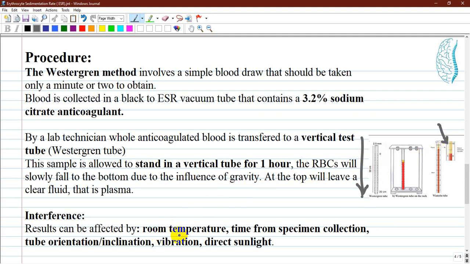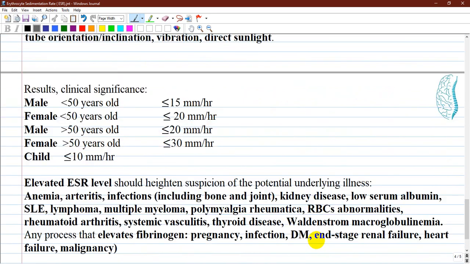Several conditions can interfere with and affect the result, like room temperature, time from specimen collection, tube orientation and inclination, which can be placed not perpendicularly but in any position of different grade, vibration, and direct sunlight.